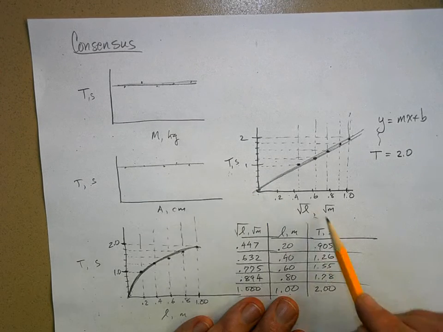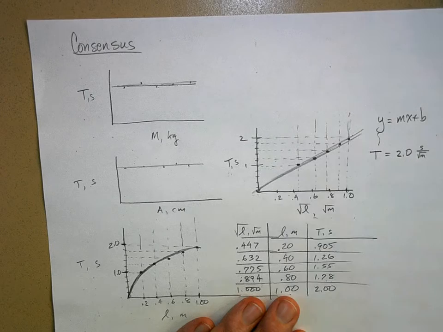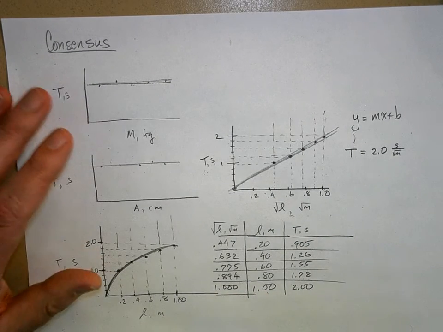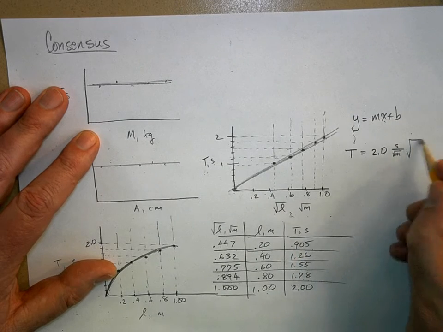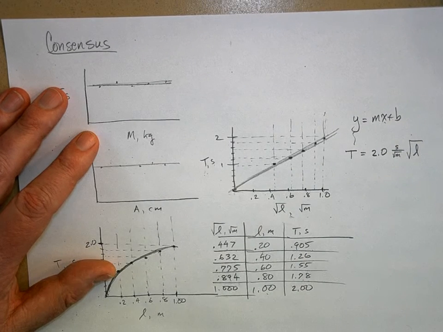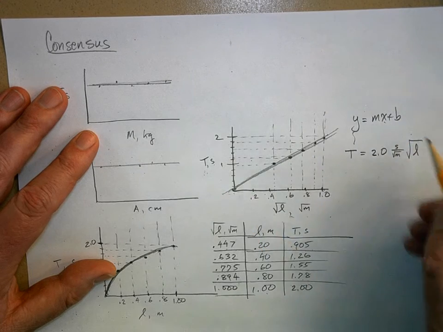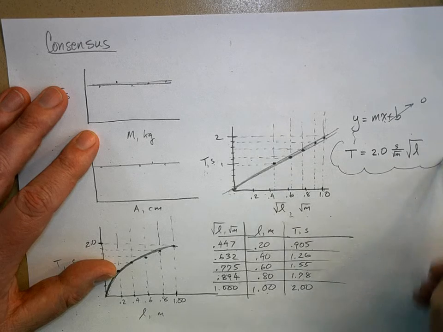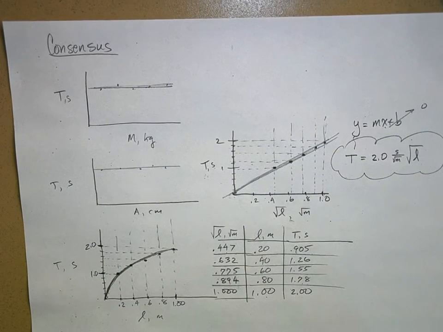Rise over run, seconds per square root of meter. And then what is x? The x is the square root of L. And what is b? These lined up, went right through the origin, so it's 0. So this is a function for the period as a function of the square root of the length.